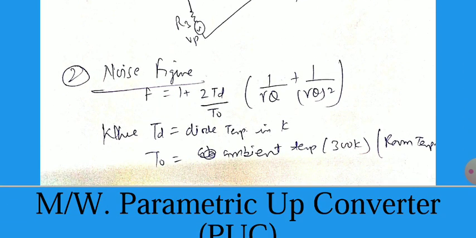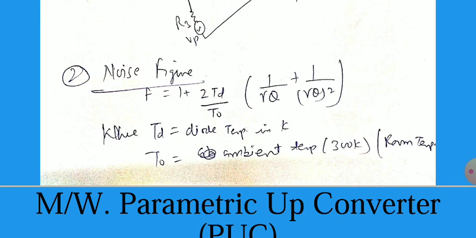Now the next property related to this PUC is called the noise figure. What is the ratio of the noise? F equals 1 plus twice Td by To multiplied by 1 divided by gamma Q plus 1 by gamma Q whole square, where Td is the diode temperature in Kelvin and To is the ambient temperature of 300 Kelvin.